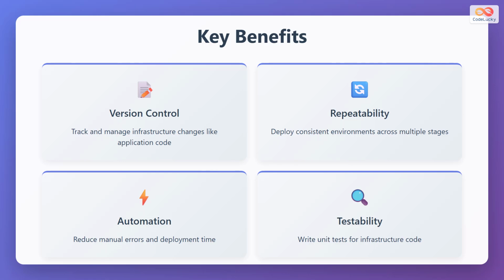Automation reduces manual deployment steps, minimizing human errors and significantly cutting down deployment time. Finally, testability means you can write unit tests for your infrastructure code, catching potential issues before they reach production. These benefits combine to make infrastructure management more reliable and efficient.